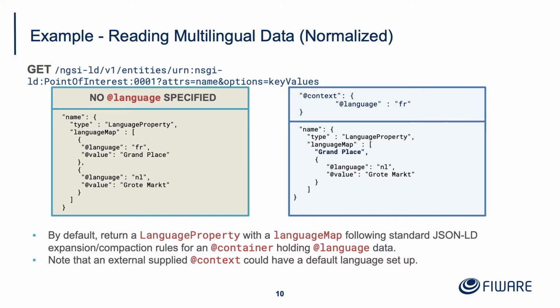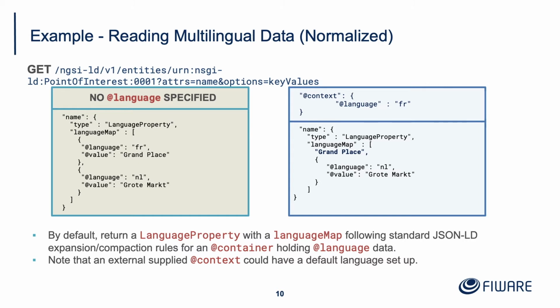However, if you specify that, give me the key values, and by the way, as far as I'm concerned, the world is French, it will give language. The first language is a string, and the second one in this @language @value format. So you can see which languages are available. This is following the standard expansion and compaction rules for a container as defined by JSON-LD.